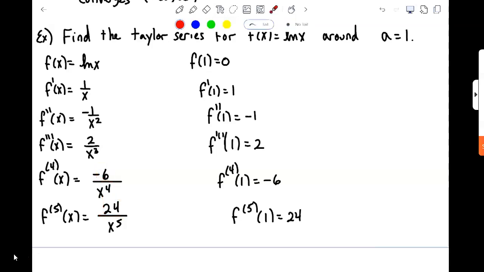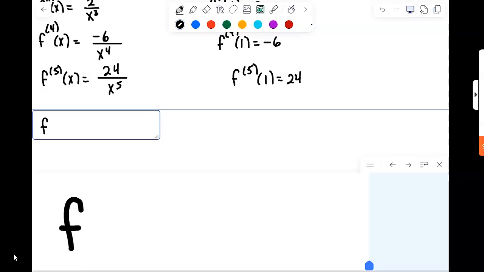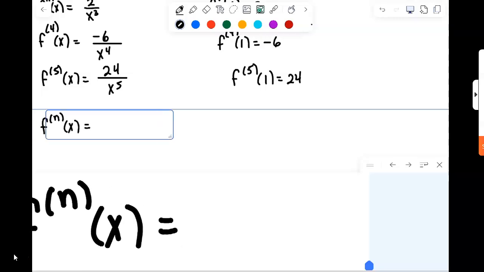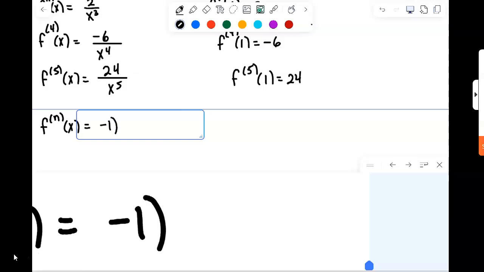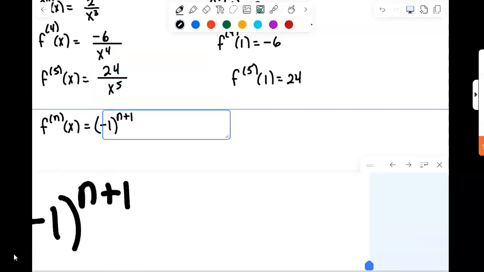And then the final thing is the denominator. The exponent is actually just the derivative that we're taking. So in general, we can see this pattern, that the nth derivative of this thing will be a -1 to the n plus 1 power, because again, we want the odd terms to be positive and the even terms to be negative.